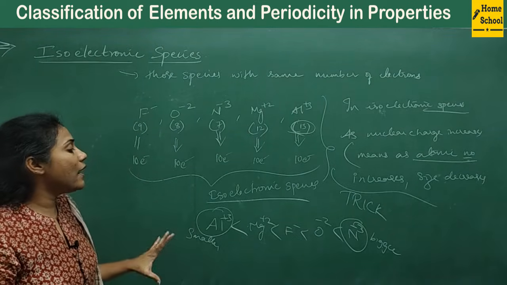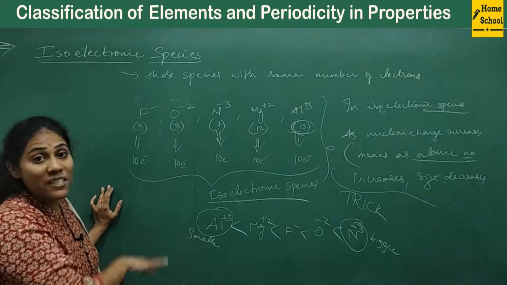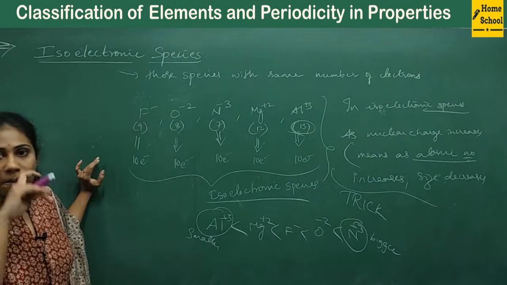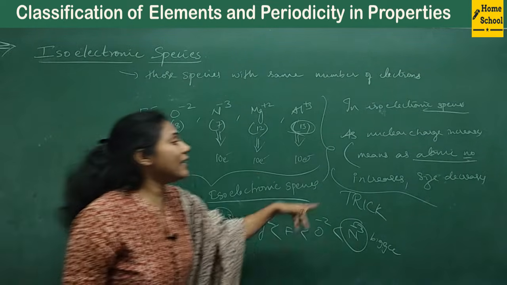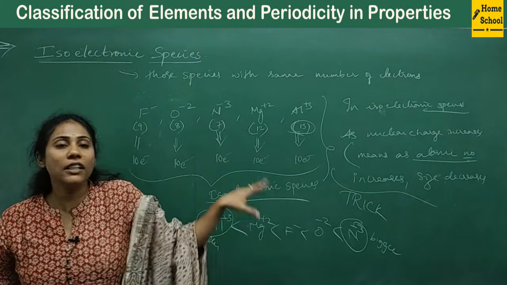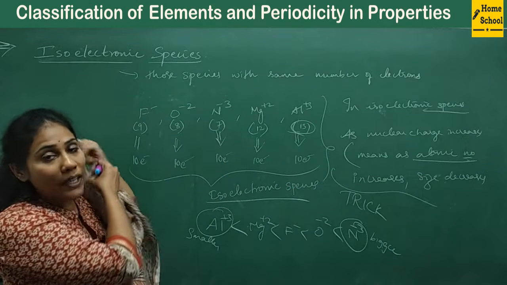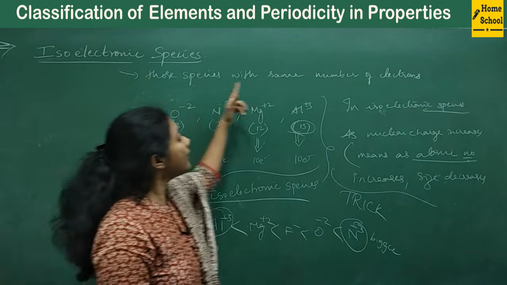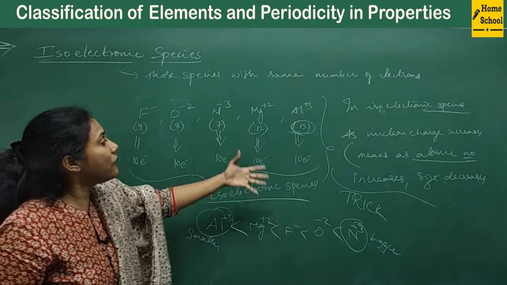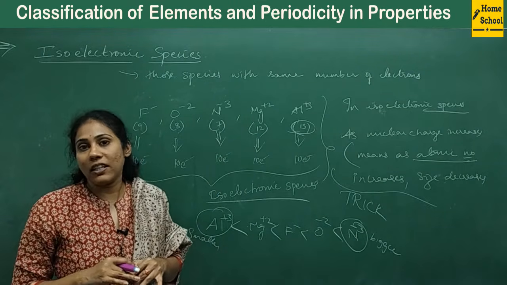This is how you identify which ion is bigger and which is smaller, as long as they are isoelectronic species. This trick can help you solve almost all the questions relating to isoelectronic species. First you should know the definition, then be able to identify whether the given species are isoelectronic or not.